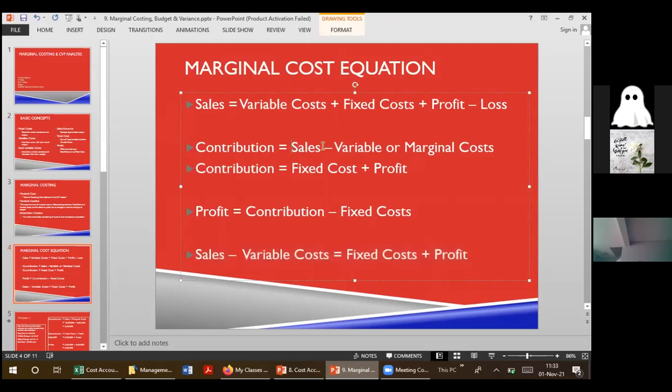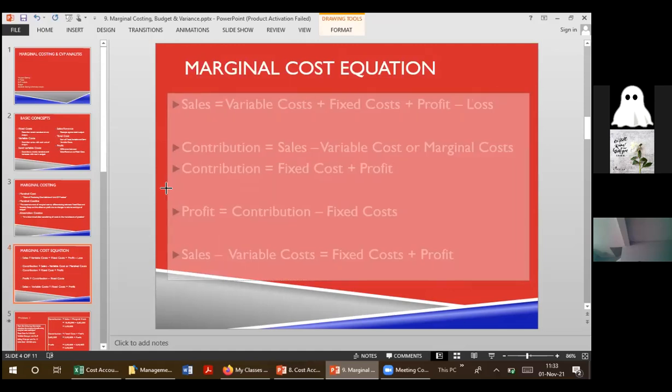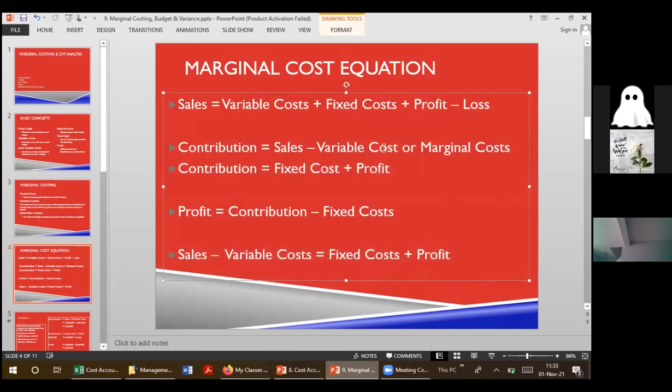Contribution is equal to sales minus variable cost, and contribution is also equal to fixed cost plus profit. So we can write that these two things should also be equal, that is sales minus variable cost equals fixed cost plus profit.